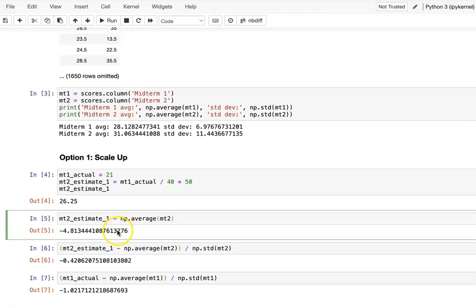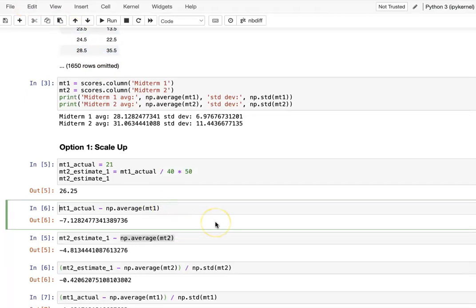So his midterm 2 exam will be below the average by almost 5 points. Let's add one more column. On midterm 1, his grade compared to the average is below the average by more than 7 points.